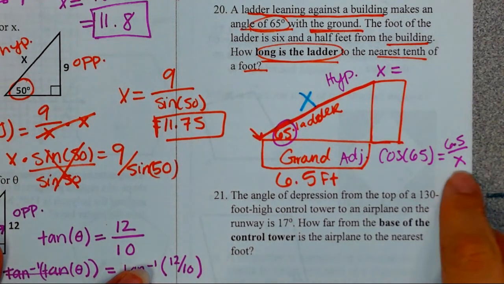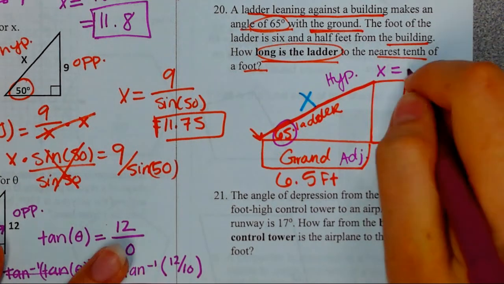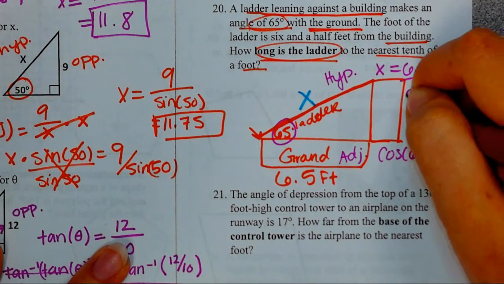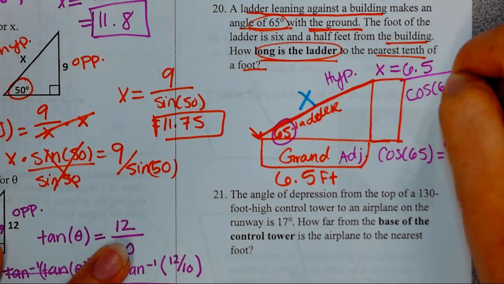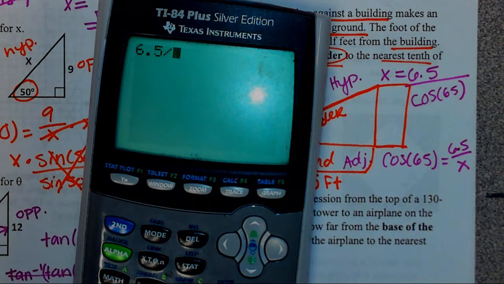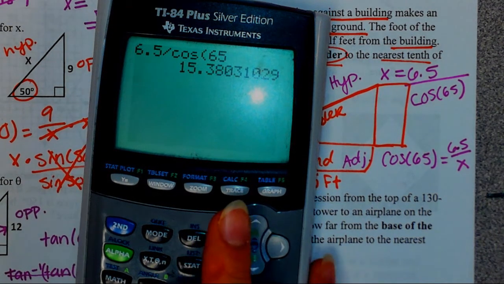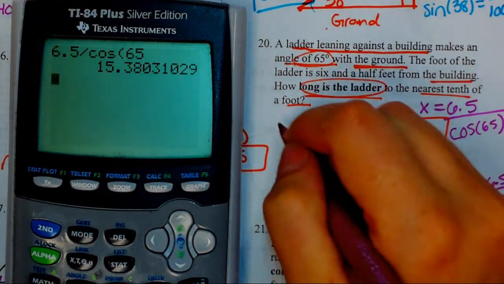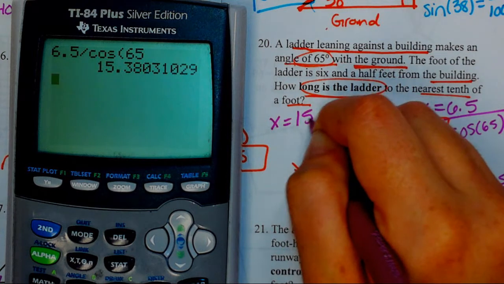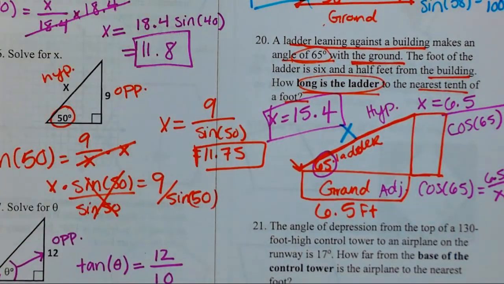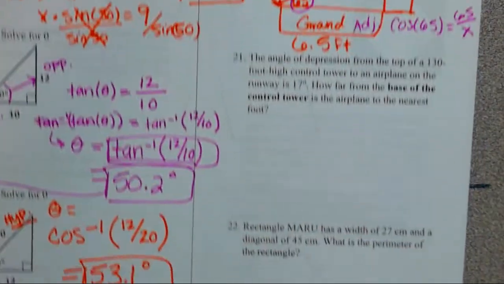Since x is in the denominator this time, just like on the other problem, we're going to divide this time around. So 6.5 divided by the cosine of 65. Okay. So that gives us that x, it wants us to round to the tenths place, so x would be about 15.4. All right, next.